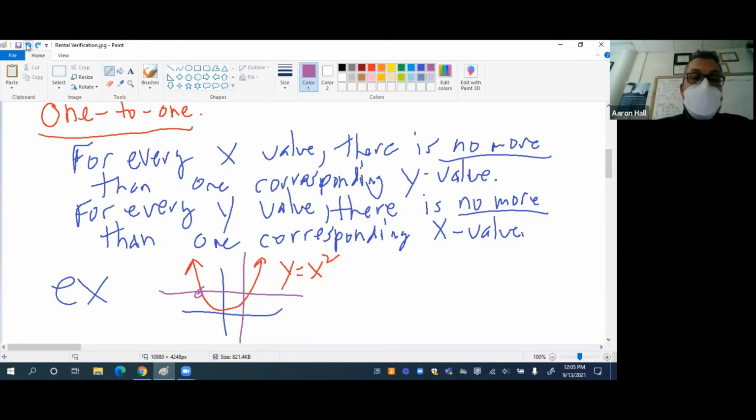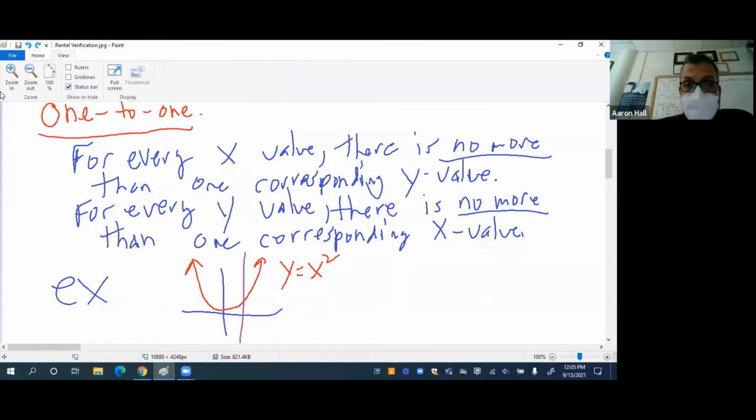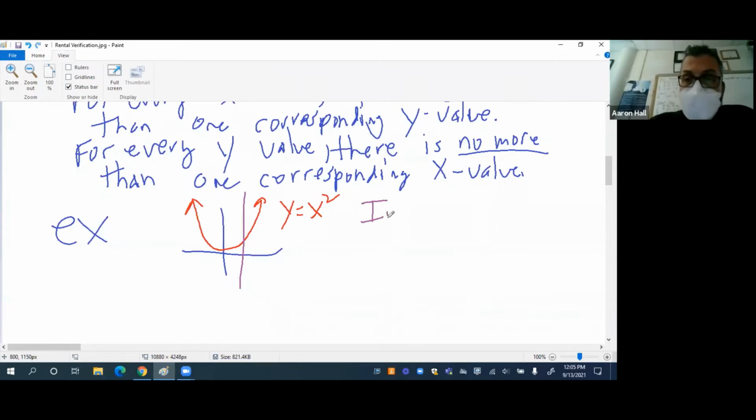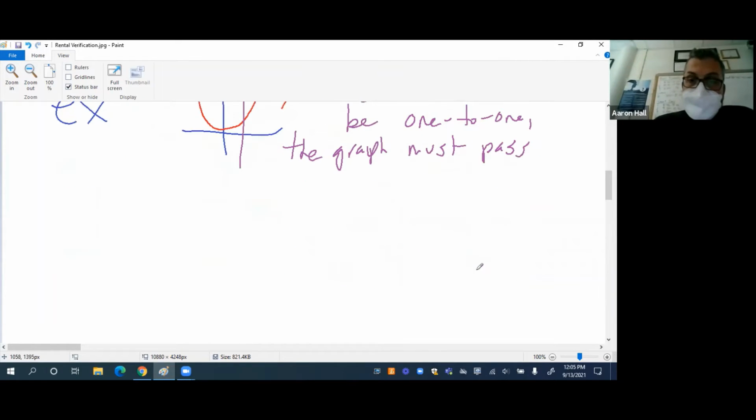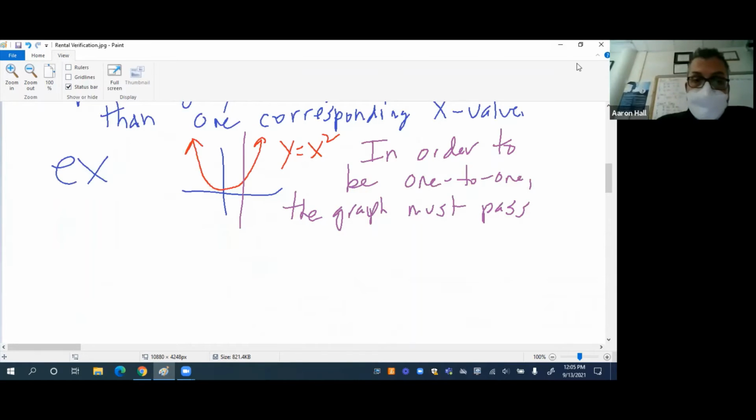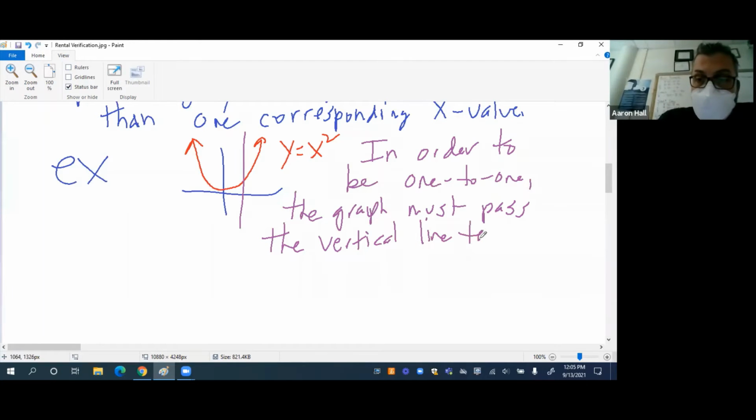So in order to be one-to-one, the graph must pass the vertical line test and the horizontal line test.